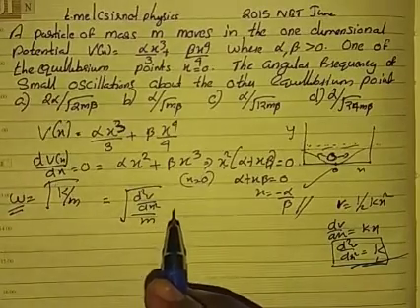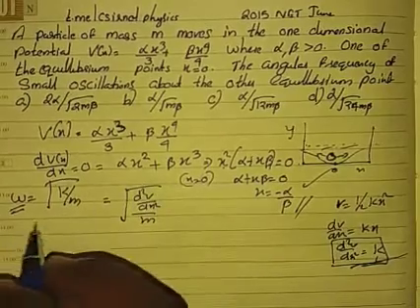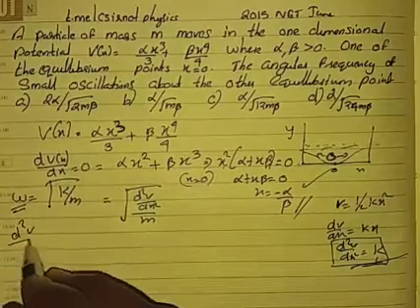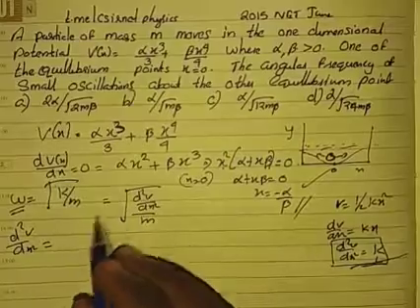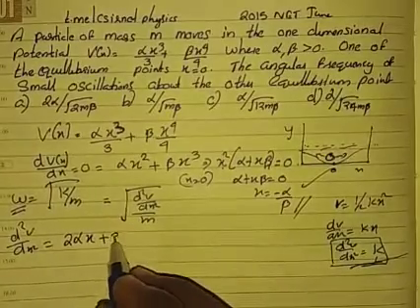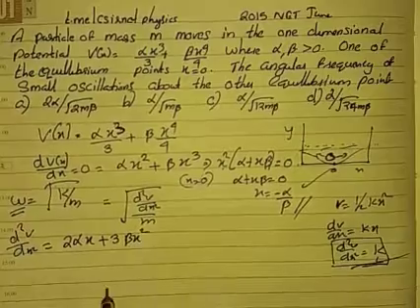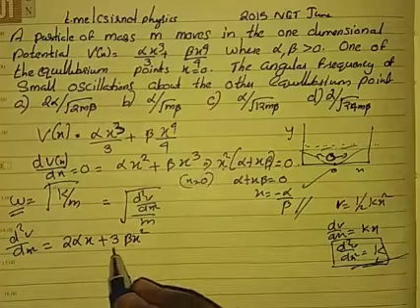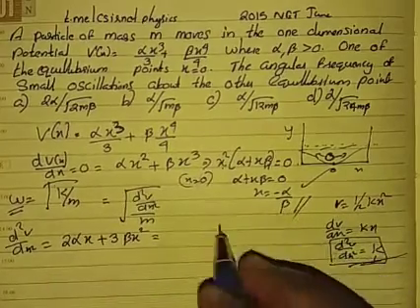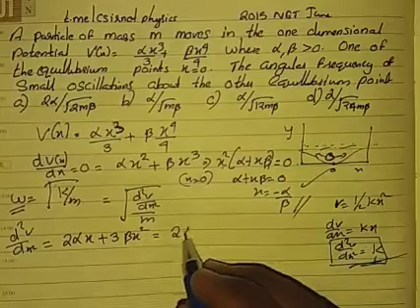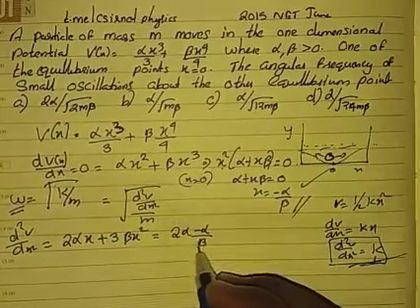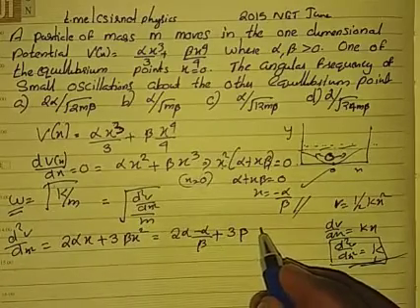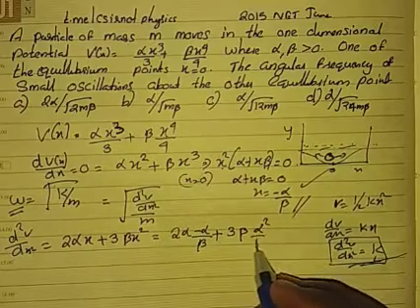So basically you can find d square V by dx square. You have already got dV by dx. Taking the derivative again, you get d square V by dx square equal to 2 alpha x plus 3 beta x square. At this point x equal to minus alpha by beta, so it is 2 alpha times minus alpha by beta plus 3 beta times minus alpha by beta, the whole square, which gives alpha square by beta square.